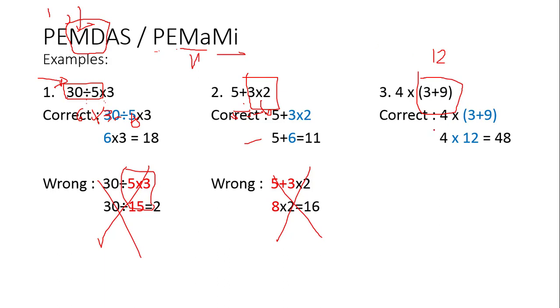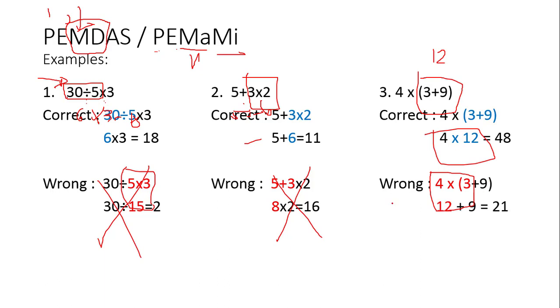Major operation itong part na to. So, wala nang next. So, yung wrong way kapag minultiply mo na muna yung 4 tsaka 3, which is mali naman talaga. 12 plus 9 is 21, which is wrong. Ang layo ng 21, 48.